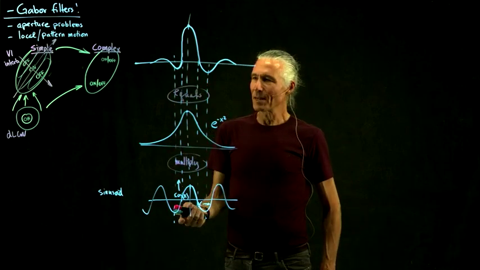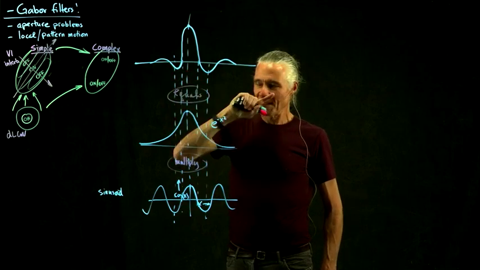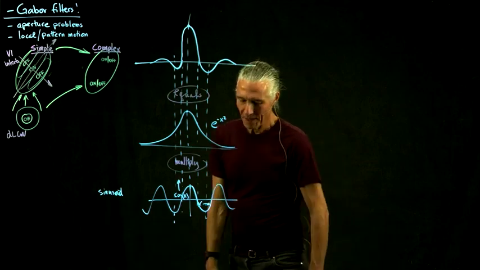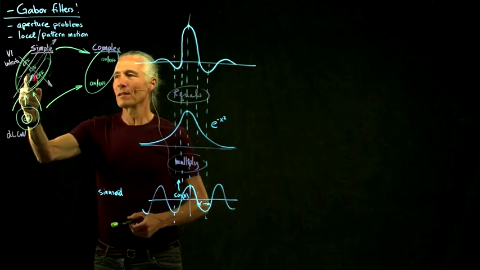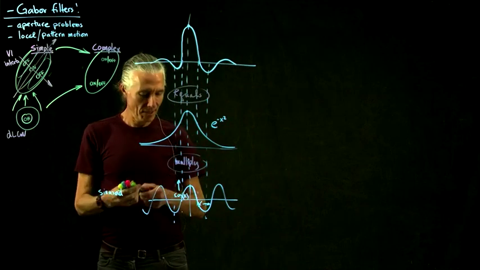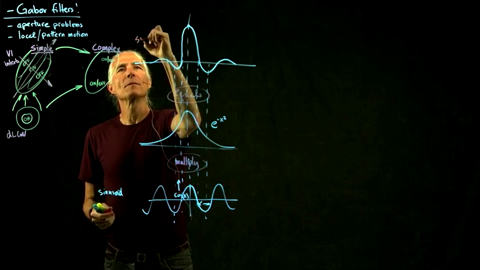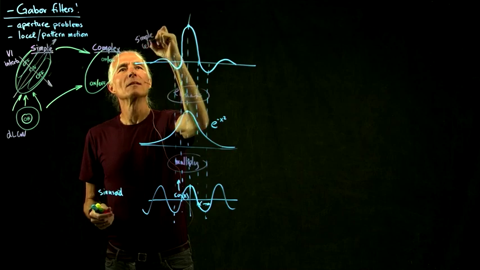We just take a cosine and multiply it by a Gaussian, and then we get one of these. So that's our model of a simple cell. This would be a model of a simple cell that looks like this one. We'll label that simple cell number 1.